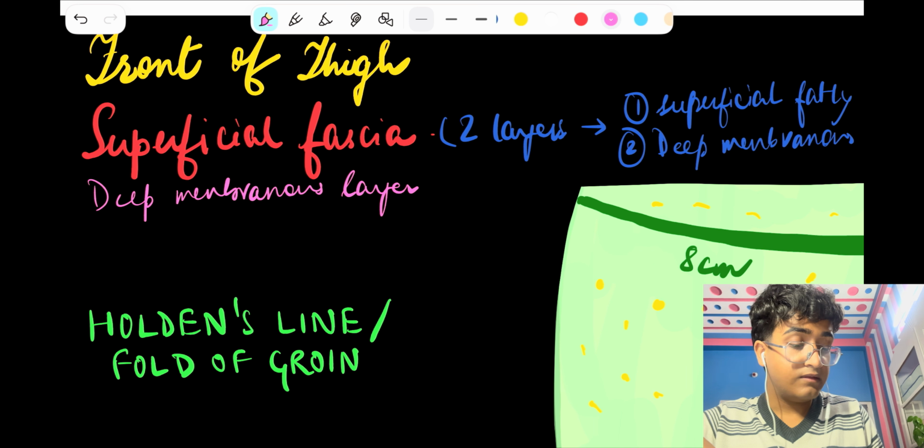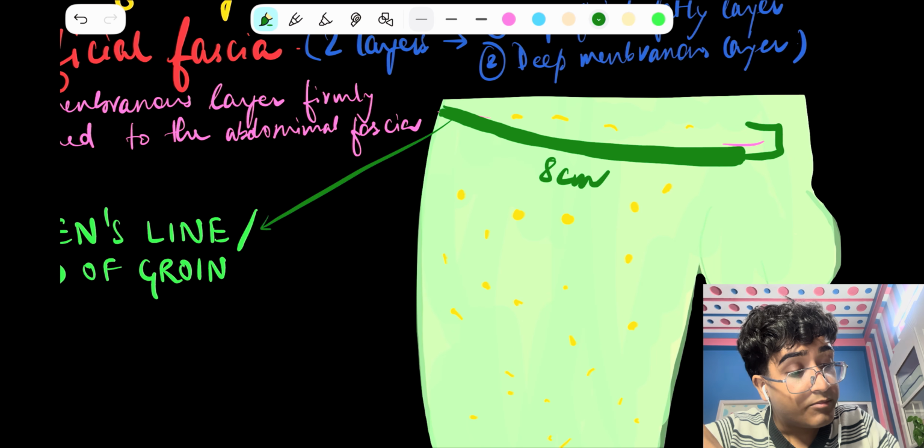And there is a line of demarcation in between them. See, this one is the line of demarcation in between them. This line of demarcation is known as Holden's line, or the fold of groin. It starts just lateral to the pubic tubercle.